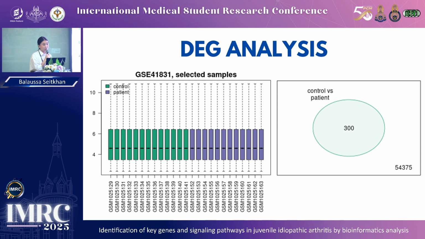But we didn't see any overlapping of these 300 genes. Overall genes, you mean? Overall genes are in the corner of the slide, and you can see the total number of genes in the corner. What is shown in the Venn diagram is the differentially expressed genes for the two groups. The total is in the corner on the right.